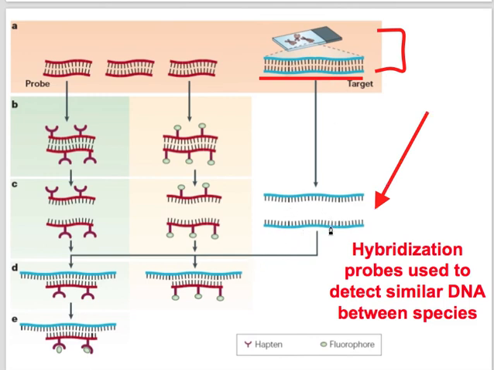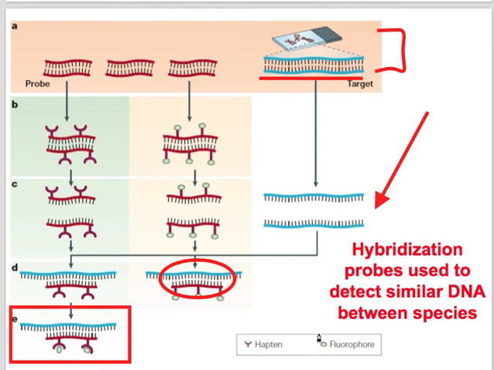Then you expose these broken apart nucleic acids to, similarly, these strands that were collected with heat too. You're going to see if they bind, and if they do bind, with what these little haptens are, you're going to be able to catch them, and they're also going to light up because they're also carrying a fluorophore with them.